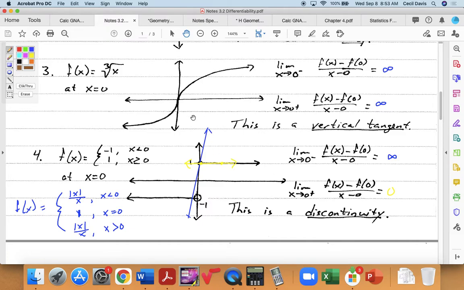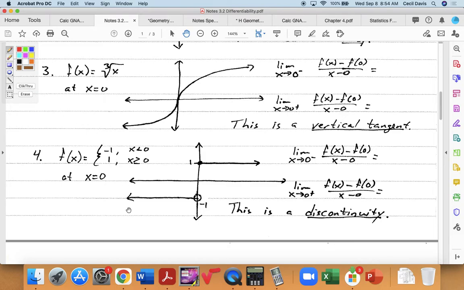This is what happens when you have a discontinuity. The slope from one side does not match the slope from the other side. The slope from one of the sides when you have a discontinuity is almost always infinity, assuming that the function is defined everywhere. If it's not defined somewhere, then this whole thing becomes moot because you can't find f of 0 if there's just a hole there, so you can't find the derivative.